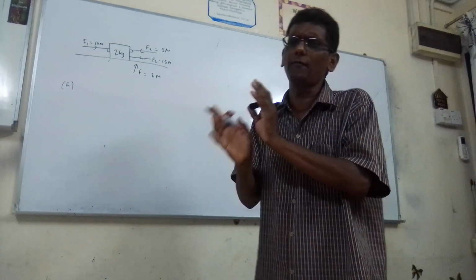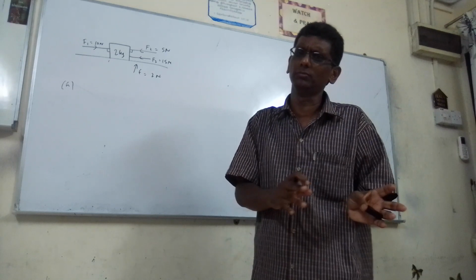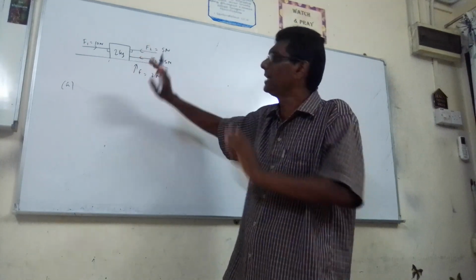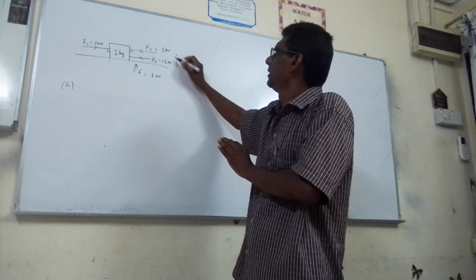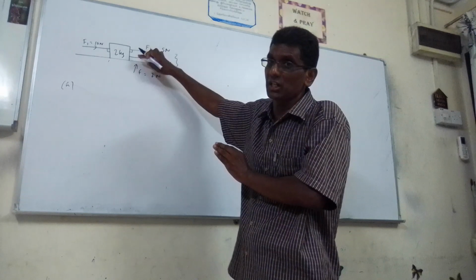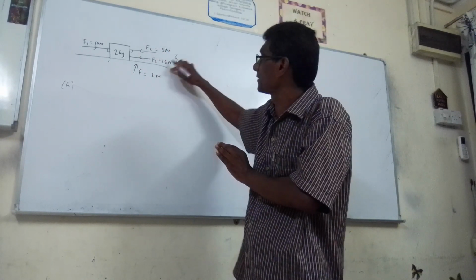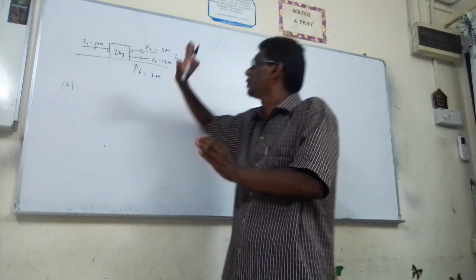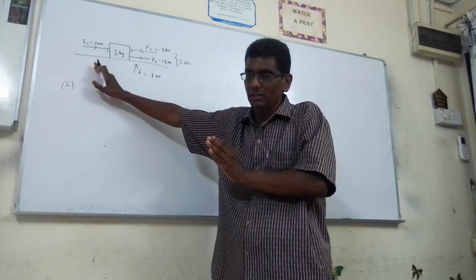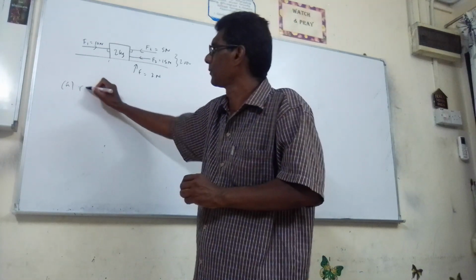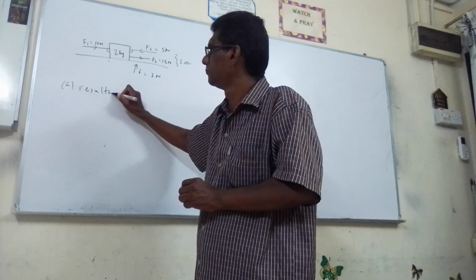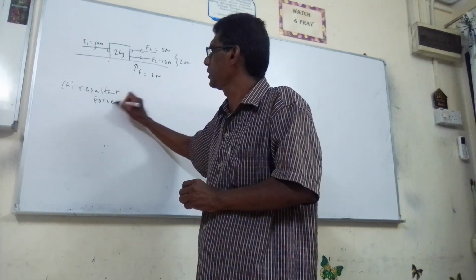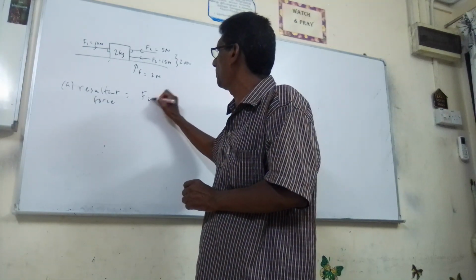Here the bigger force is on this side. So 5 plus 15, same direction, is 20 Newton. 20 Newton is greater than 10 Newton. So the resultant force equals F2 plus F3.